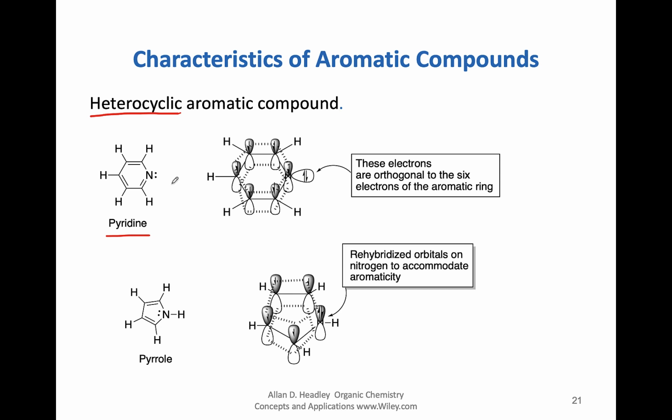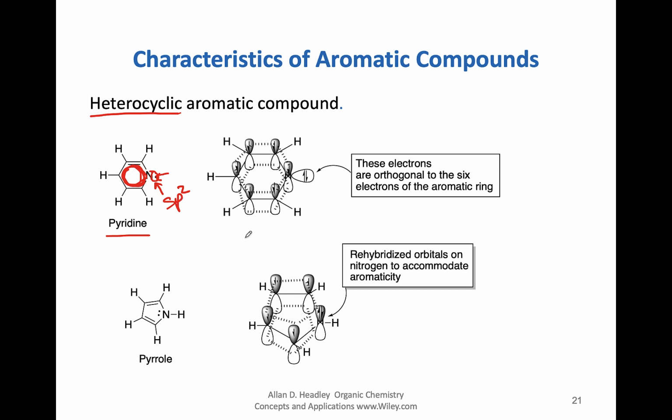You may recall that hetero means different from carbon. This nitrogen is sp2, which means that it has a p orbital with 1 electron, and it also has an sp2 orbital with 2 electrons. But these electrons are orthogonal, or perpendicular, to the plane of these 6 electrons that are in circulation.